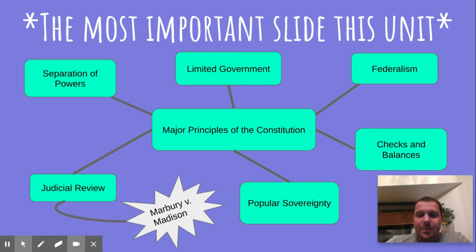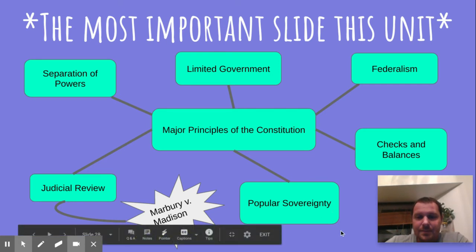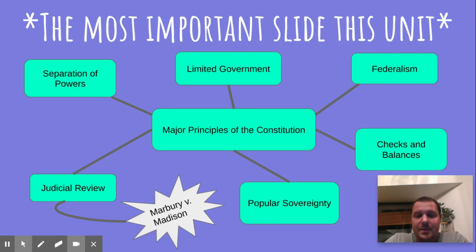The next example down here is popular sovereignty. So popular sovereignty, the best way to explain that is simply the idea that the people have the power, and we've looked at this concept a lot already this year in terms of the social contract theory. But the best example of popular sovereignty that we see in this class is people having the ability to vote.